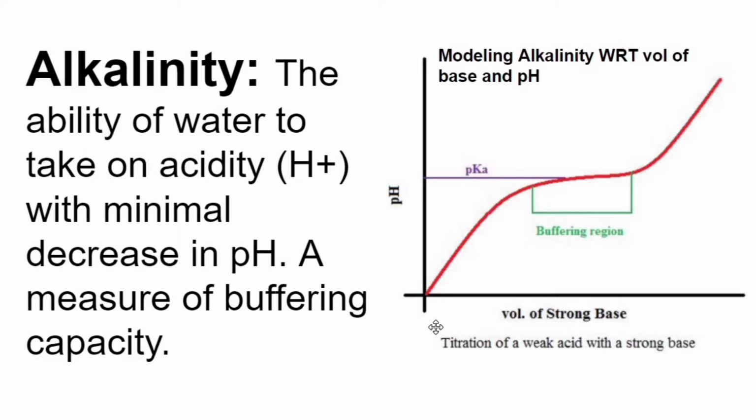So pretty much what adding a buffer does is, the more strong base you add, there will be gradual increases in pH, up to a certain point, and then the pH will buffer and kind of plateau, and then past another certain point, it will go up on a steep incline.